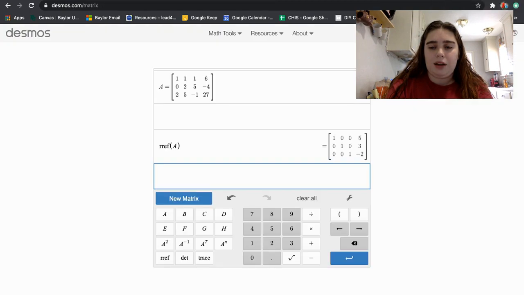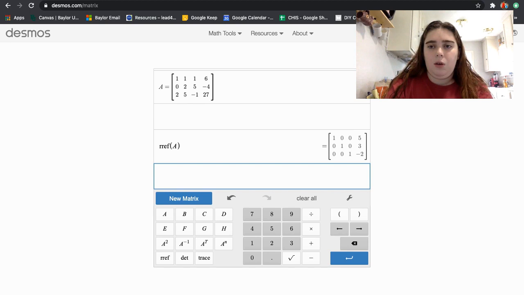So let's look back. If you look at the first 3 rows and 3 columns, this section right here, does this look like an identity matrix, like the example I gave in the notes? Yes, right, we have a diagonal of 1s, everything else is 0 right there. So that means if this part looks like that, our last column right here, that is our solution.